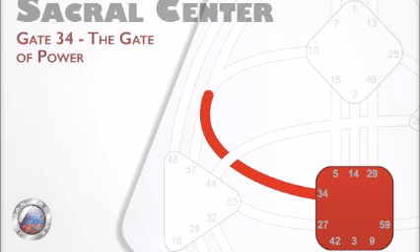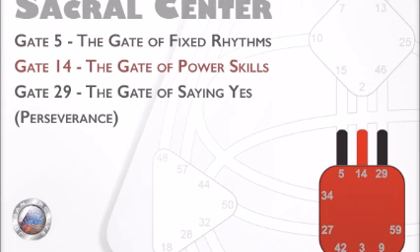There are 9 gates in the sacral center. The 34 is the gate of power. The 3 gates that lead up to the G center are Gate 5, the gate of fixed rhythms; Gate 14, the gate of power skills; and Gate 29, the gate of saying yes or perseverance.